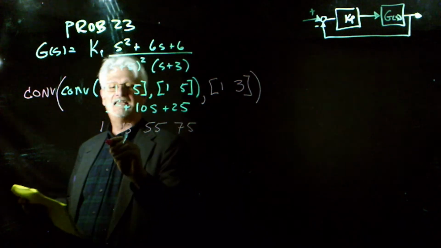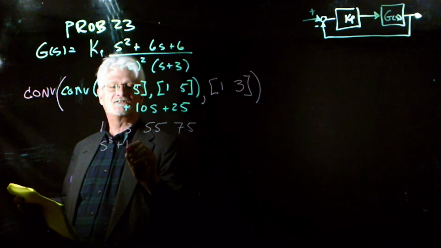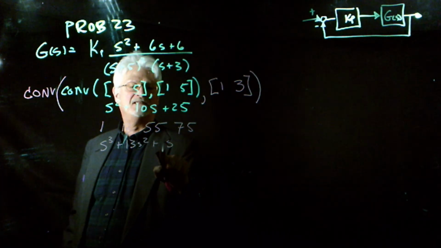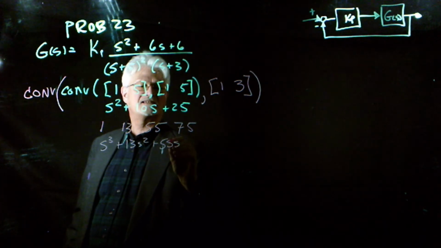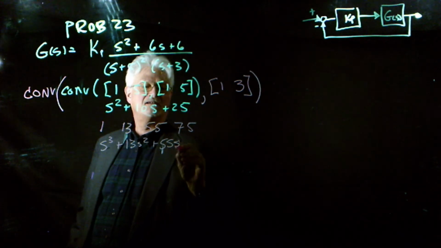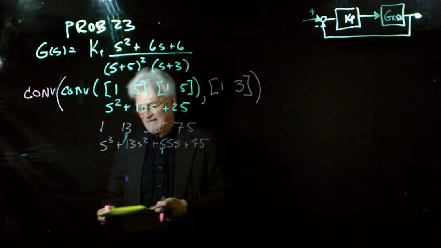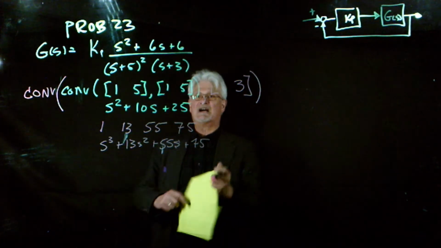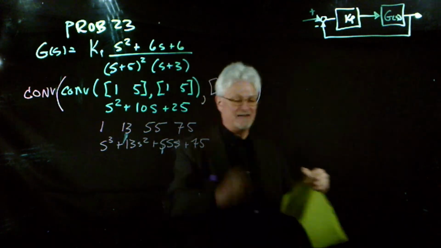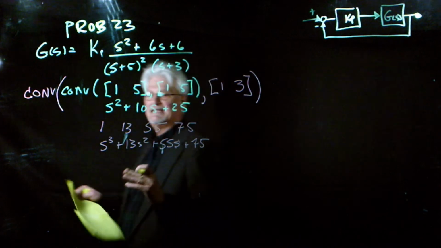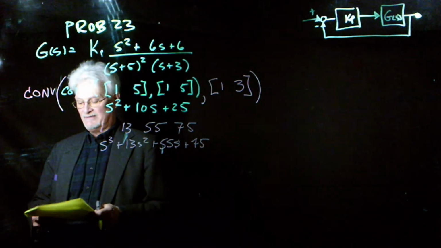So that's S cubed plus 13S squared plus 55S plus 75, right? And without too much more trouble, I'm not 100% sure how these colors look, so I'm going to try a couple of different ones, and then you'll be my guinea pigs on my Lightboard thing.